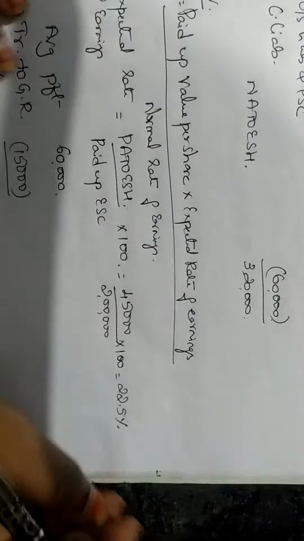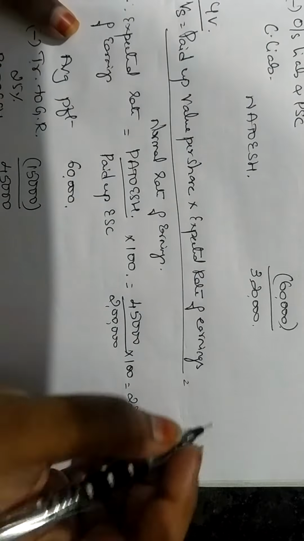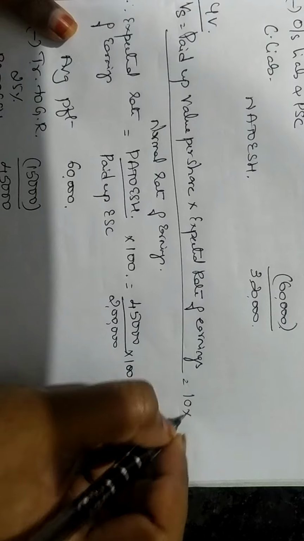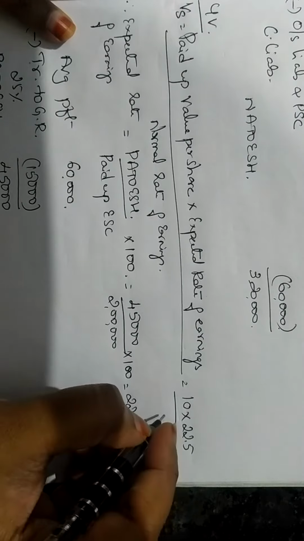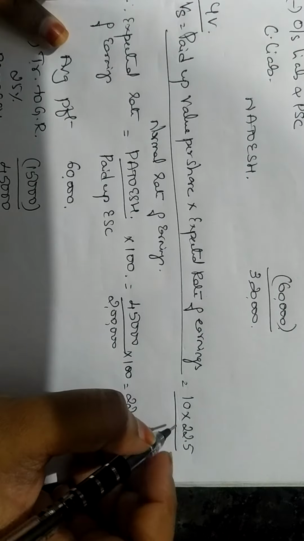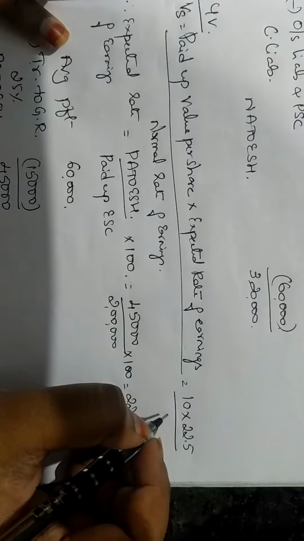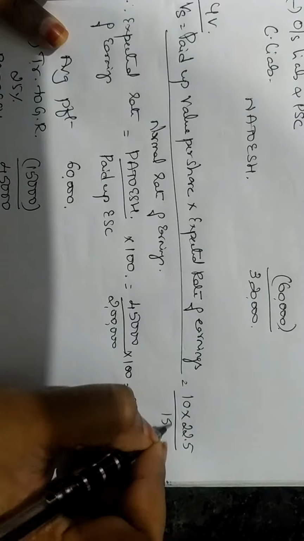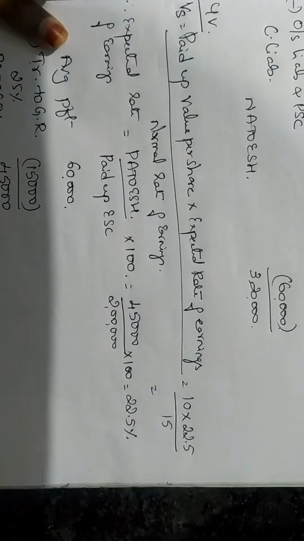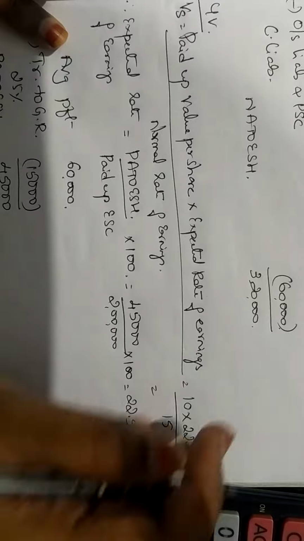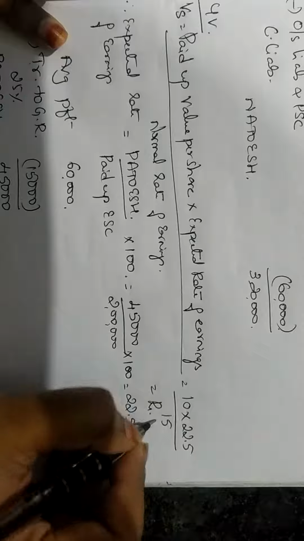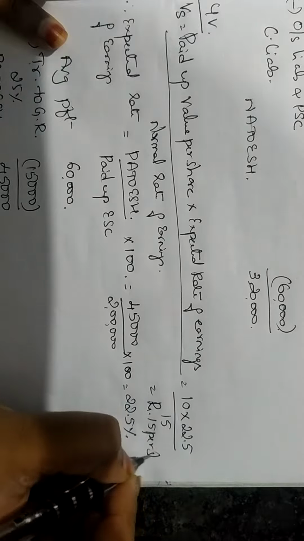Okay, so therefore the value of share: paid up value per share is 10, expected earnings is 22.5, normal earnings, which is already given in the question, is 15. So 22.5 into 10 divided by 15 will give you rupees 15 per share.